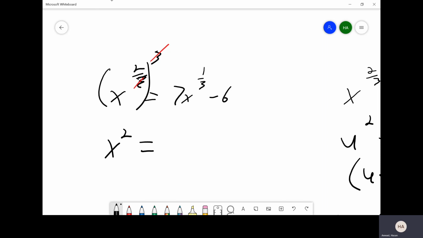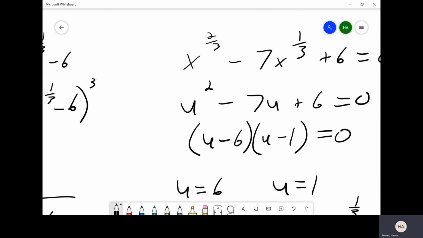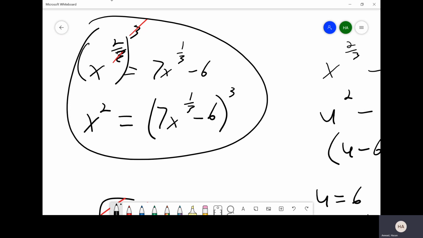But you would also end up with 7x to the 1/3 minus 6 cubed, and nobody wants to do that. That sounds horrible. I would never make you do this on a quiz. So please remember how to substitute. Remember that you're trying to get it in the form of a quadratic, because that way it'll make your life way easier than trying to do something like this.